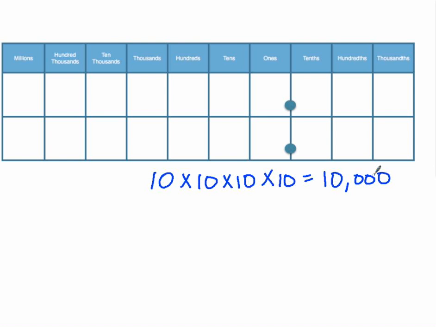I don't know about you, but that starts to get confusing, doesn't it? Especially if you start to get to millions and billions. 10 times 10 times 10 times 10. That is too much. So they were nice to us and they came up with a method. So make sure you pay close attention right now so that you get this.